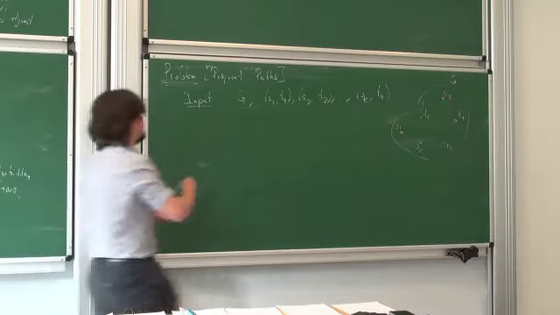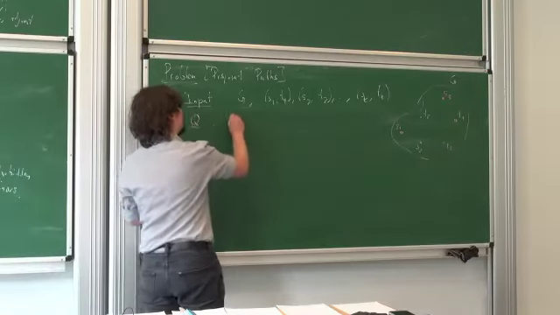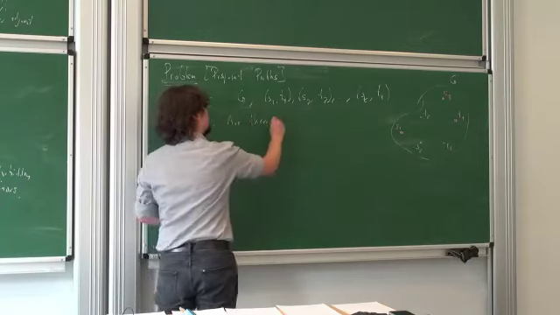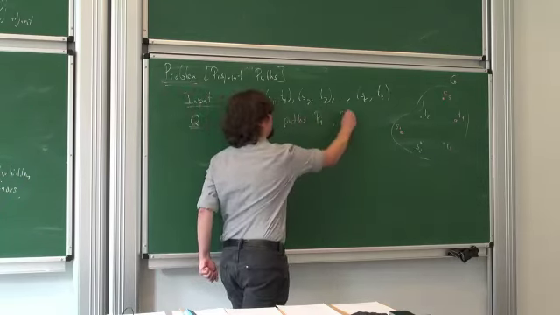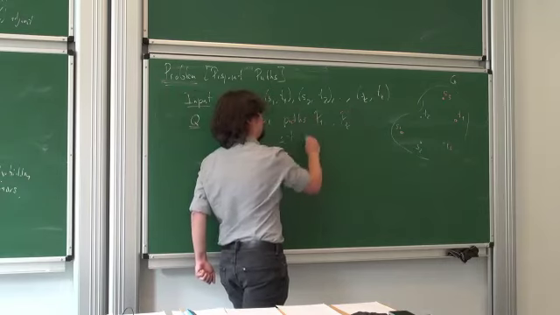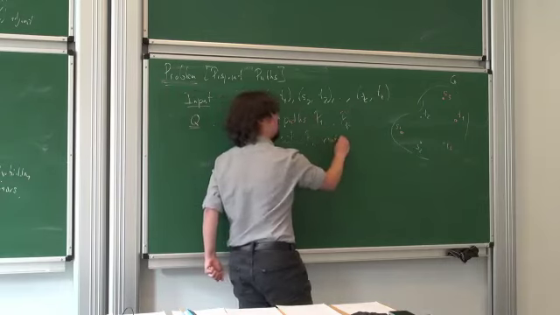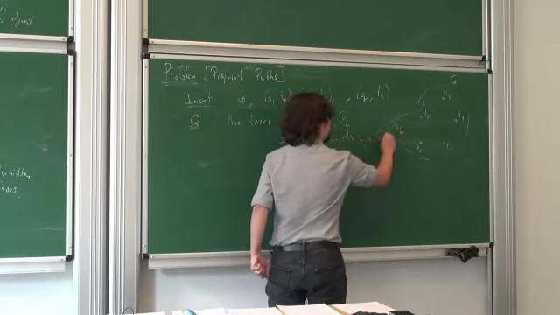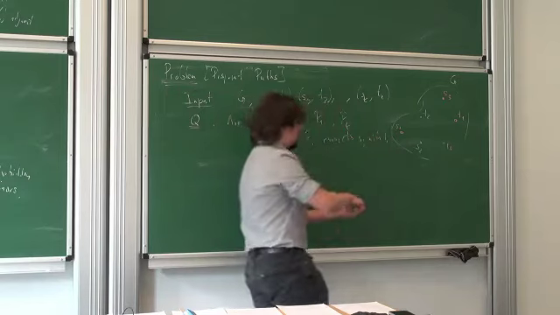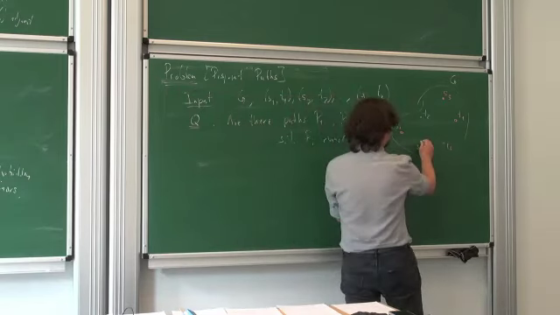So the question: are there paths P1 up to Pk such that Pi connects Si with Ti?